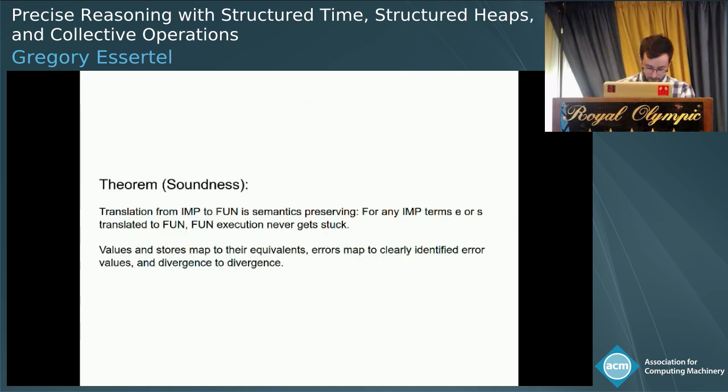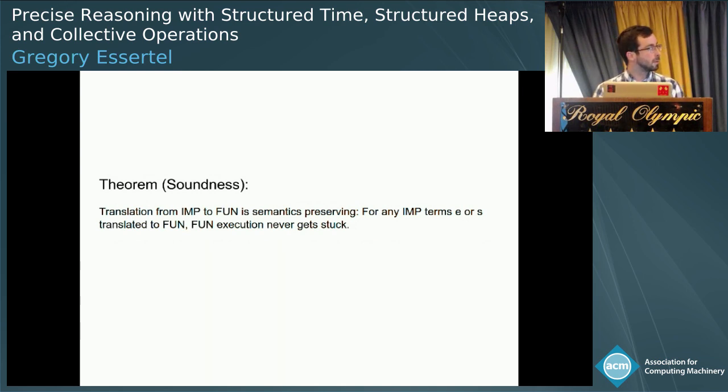And we also prove the soundness theorem that if we transform an imperative language into the functional, it is semantically preserving, and each program is always going to be reduced to some of something or none. And of course, the value and the error are also mapping to each other.